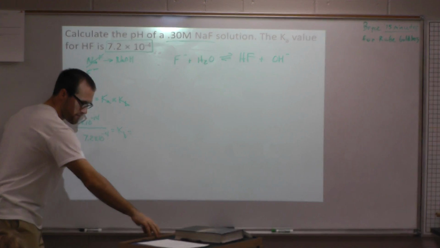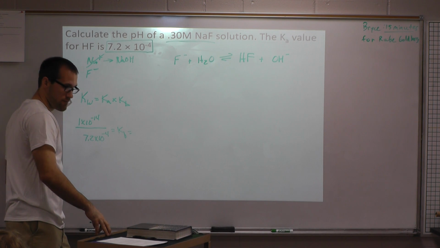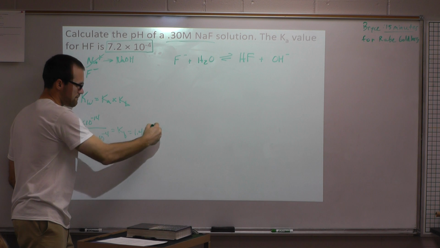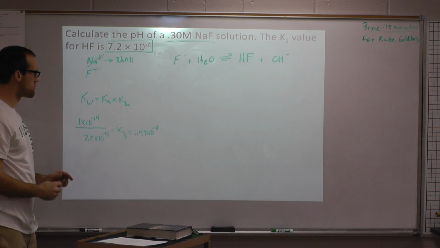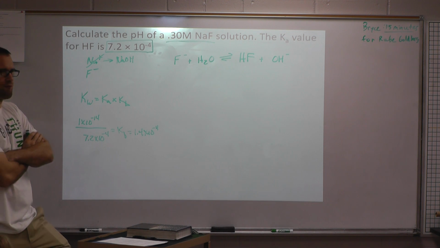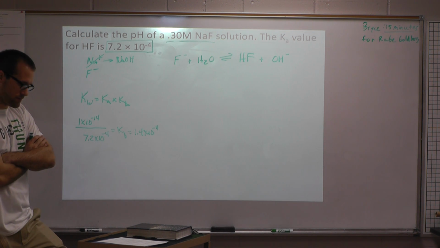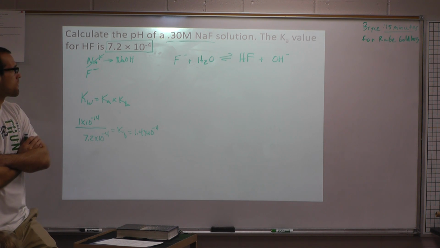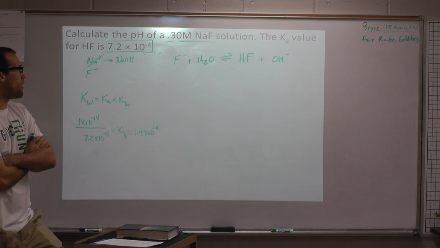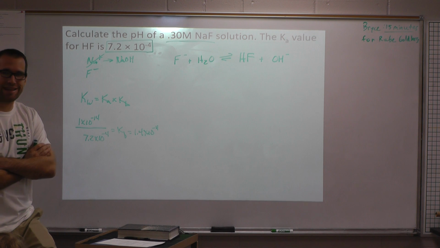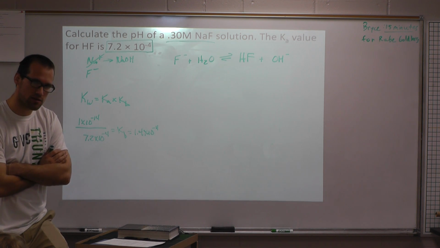Anybody get it yet? That look right? Can you tell whether something is an acid or base just by looking? Partly, practice helps. Usually things that are negatively charged are more likely to act as a base, not always.